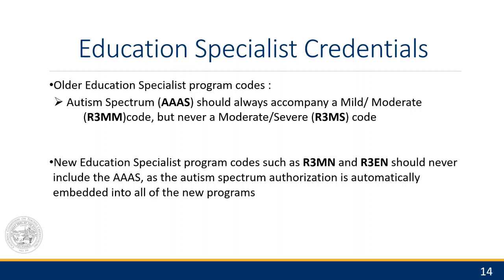The only time it would not be added for a mild moderate code is if the moderate severe was also added to it. The moderate severe R3MS code does not accompany the autism code because autism is subsumed within that program.